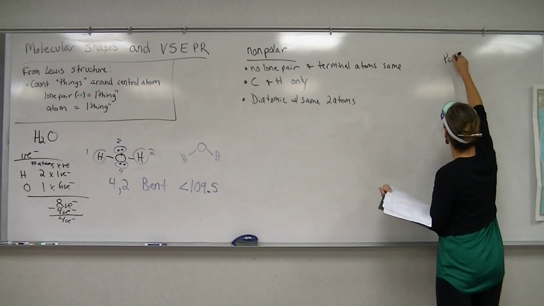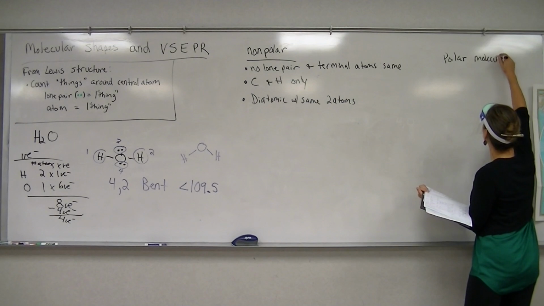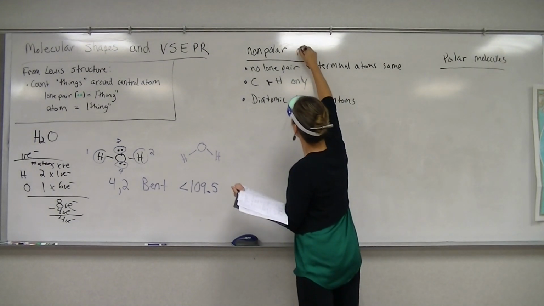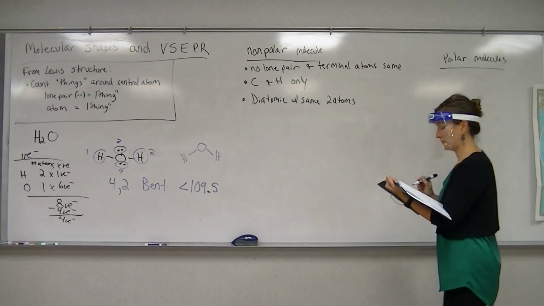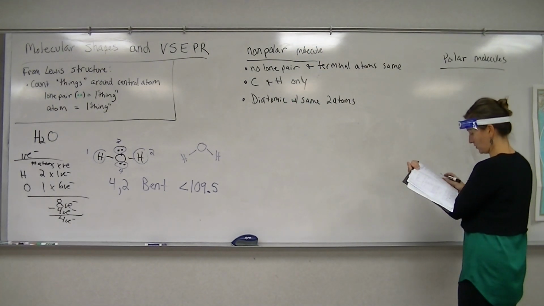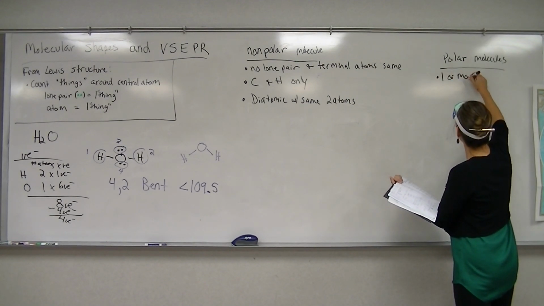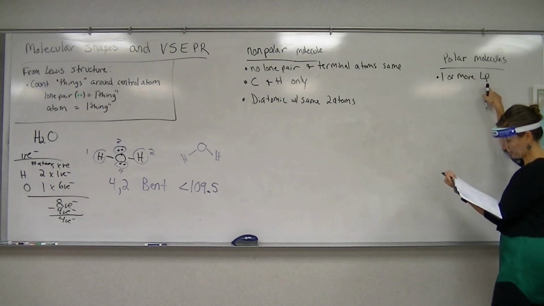And then for polar, so these are just rules to figure out if a molecule as a whole is polar or nonpolar. So not just the bond itself, but the whole molecule. For polar, we're looking at one or more lone pairs. That's LP, lone pairs.